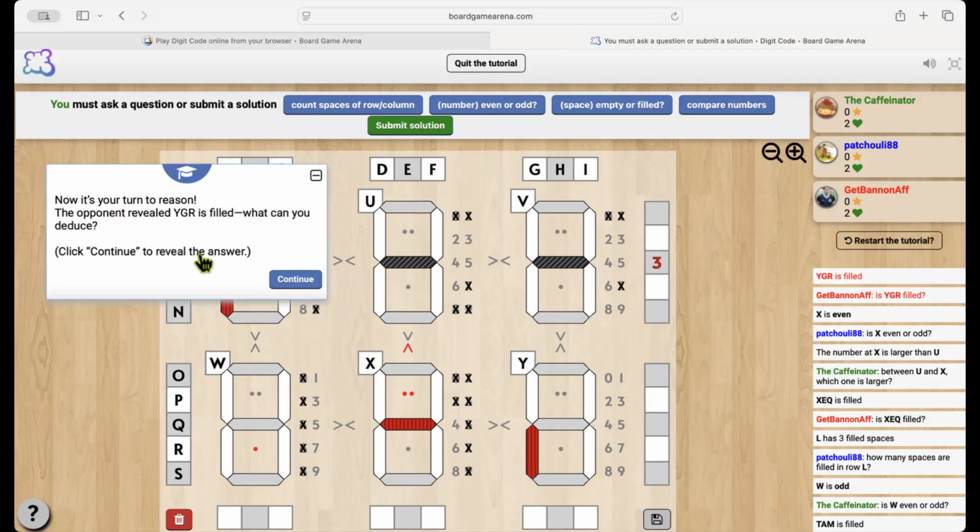Now it's your turn to reason. The opponent revealed Y, G, R. So this is filled. What can you deduce? If this is Y, it can be 0. It can't be 1 because 1 would only fill up the right side. It can't be 3 because 3 would be like here. It cannot be 5 because 5 would look like this. See, you can try to see if that's not filled.